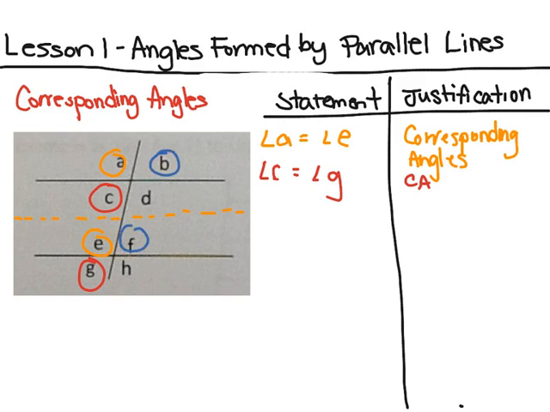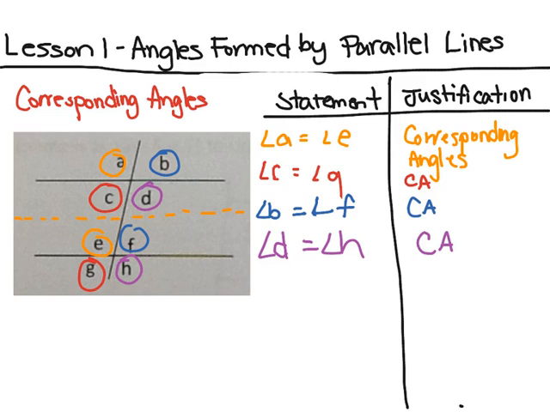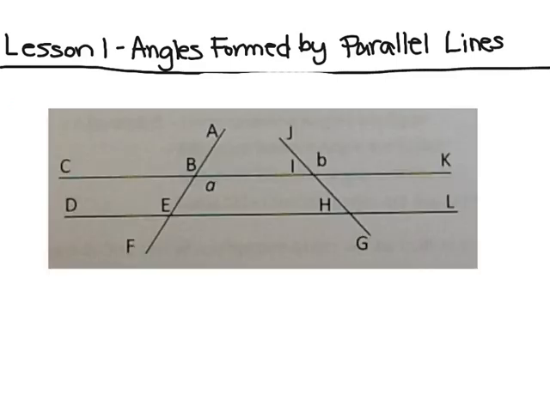B is the same as F. Corresponding angles is our reason. The last one, angle D, is equal to angle H, and that's corresponding angles. So they're in the same position on the other side, on the other line.